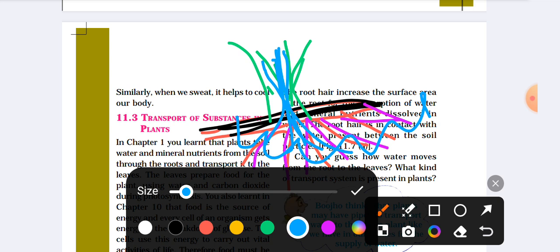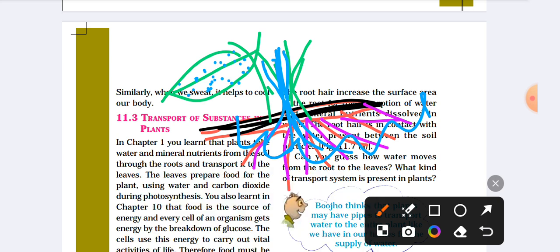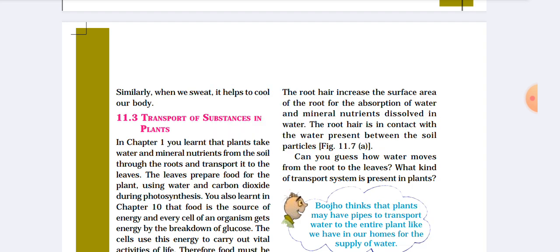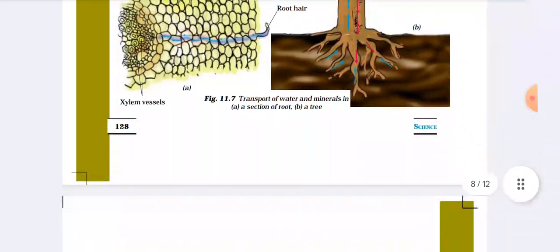The leaves prepare food for the plant by a useful process called photosynthesis, and the rest of the water is evaporated through the pores present in the leaves, which are called stomata. This process is called transpiration. But how does the water move from the root to the leaves, and what kind of transport system is present in the plants?